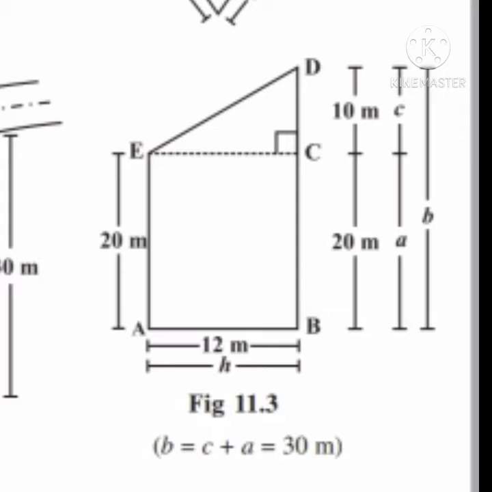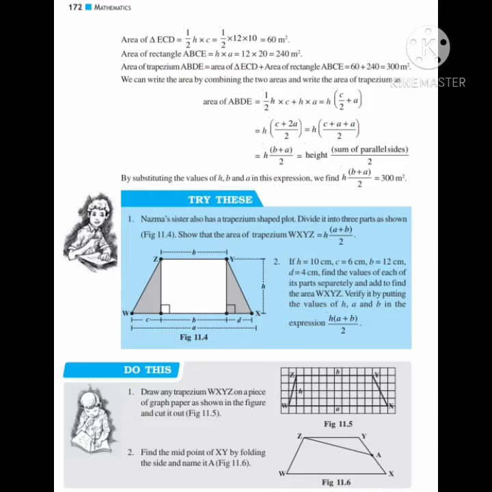Now, we know that area of triangle is half into base into height, and area of rectangle is length into breadth. Now you can see, to find out the area of this trapezium, we can add area of rectangle and area of triangle. So look here, area of ABDE is half into base into height plus base into height.